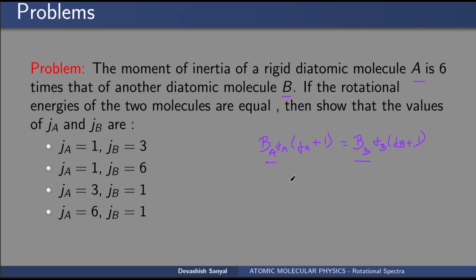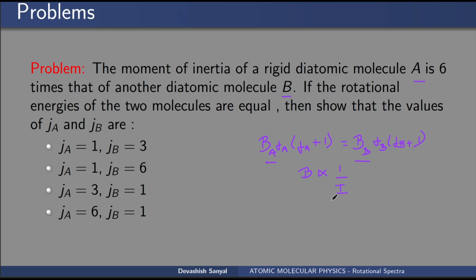So now, we know that B is proportional to 1 by moment of inertia, and from here you can find out. Here it is given the moment of inertia of A divided by moment of inertia of B is 6. So from there you can calculate.